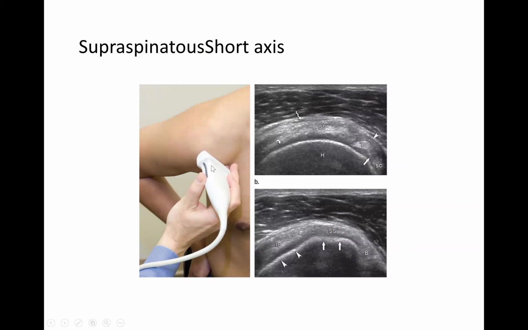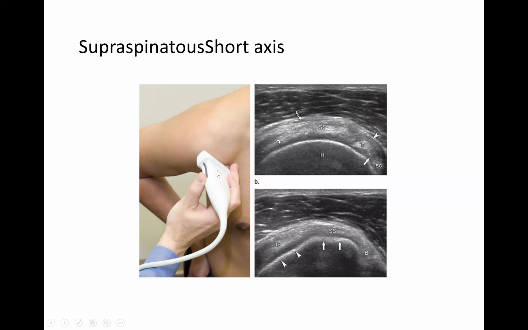So when we keep the probe in short axis to the supraspinatus tendon, what do we see? We see the supraspinatus tendon. And if we move the probe a little bit medially, we can see the biceps tendon. More anteriorly will be the subscapularis tendon.